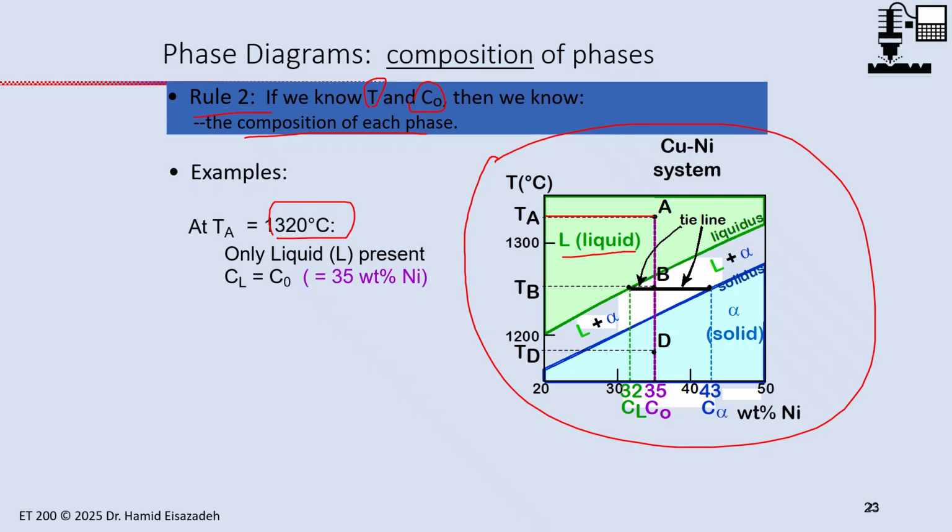If you draw one vertical line until you cross this horizontal axis, you can find the composition. The composition will be, as you see, 35 weight percent nickel and 65 weight percent copper.